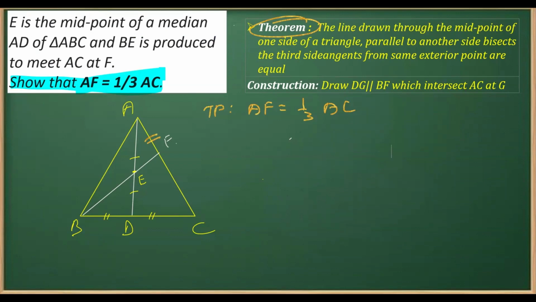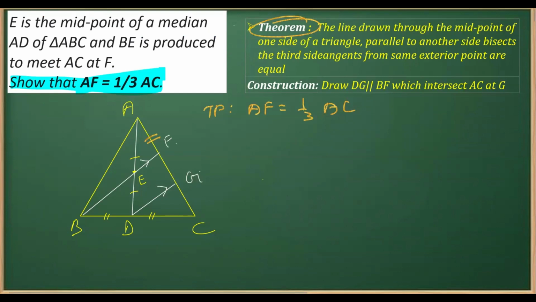Now for this question, we have one construction, which I have written here. Through D, we will draw a line, as you can see, parallel to BF, which intersects AC at point G. That's the construction part.